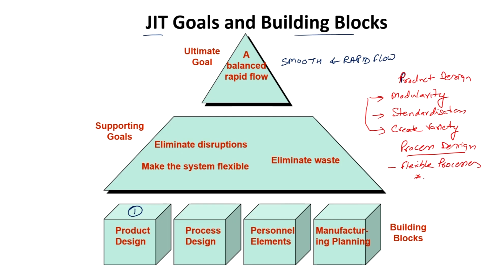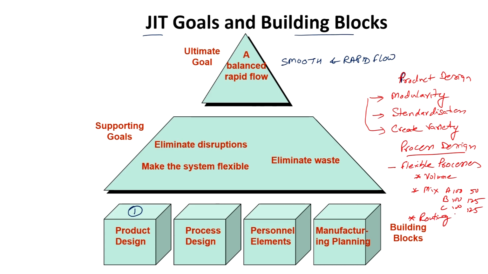Flexibility is with respect to volumes: I can increase or decrease the production rates. It can be with respect to product mix also. I can produce A, B and C of 100 each, and if required I can produce 50 of this, 120 of this, 120 of this also. That kind of flexibility I should have, and routing flexibility should also be there.